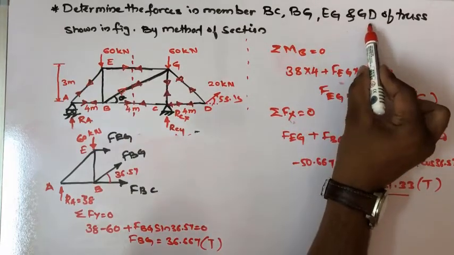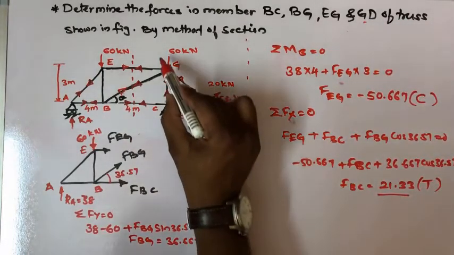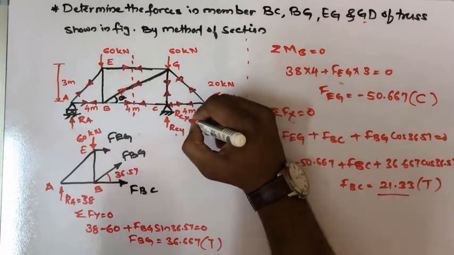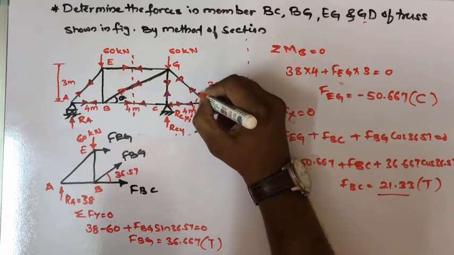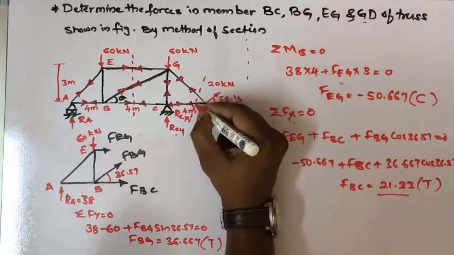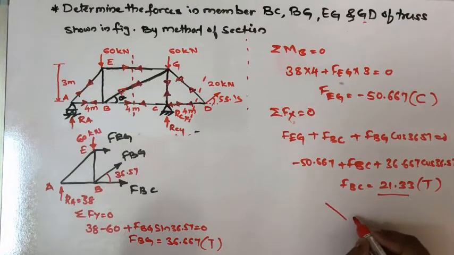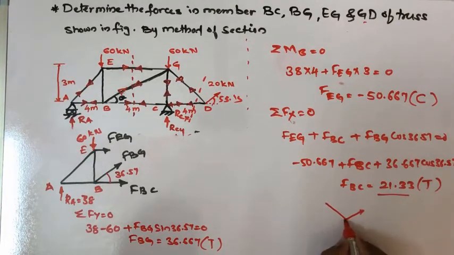So we only remain with the FGD value. FGD is nothing but this member. So what I'll do, I'll draw the section along this direction so that I will cut the member. If I cut this section, then I'll get the free body diagram like this.